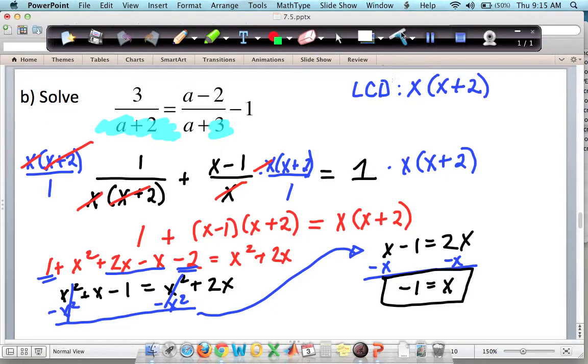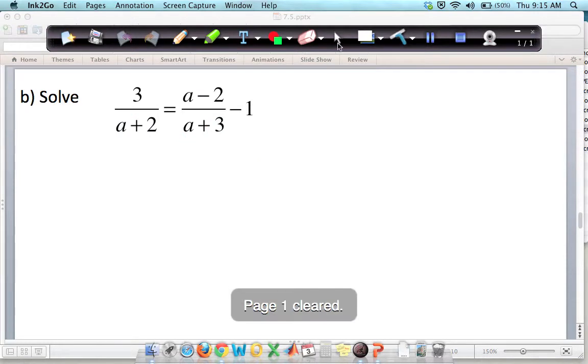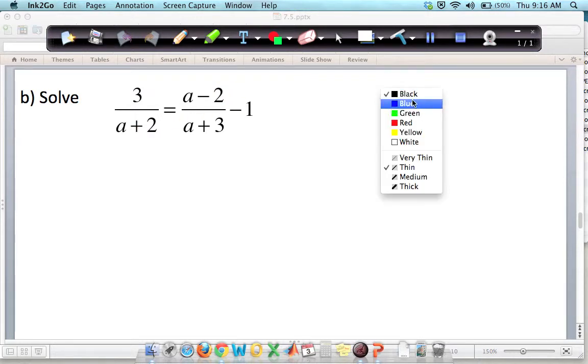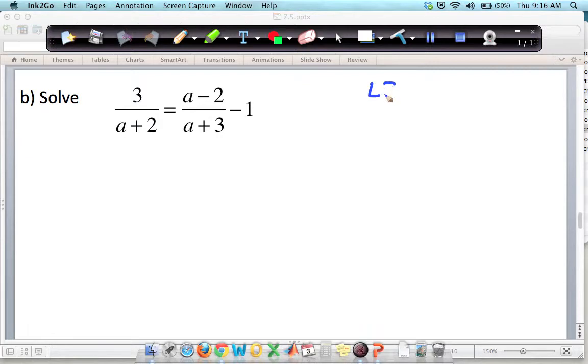Okay, so let's try another one. In this case, we have 3 over a plus 2 equals a minus 2, over a plus 3, minus 1. And there's nothing to factor here, so I can go right to looking at what is my LCD. My denominators are in simplest form. So if I look at my denominators, I basically have a plus 2 and a plus 3.